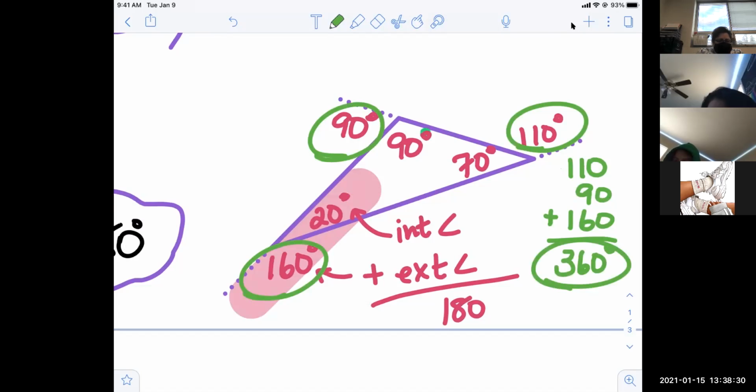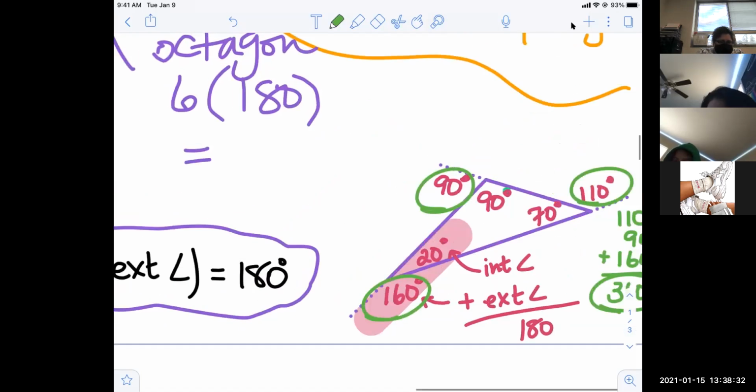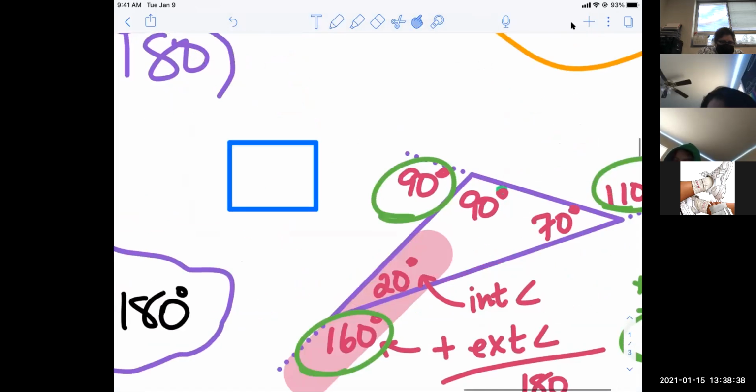If it was a quadrilateral, let's say you had 4 sides, and it was a square or a rectangle where those are all 90. The exterior angle measures down here would be how much? 90. You did that all the way around.